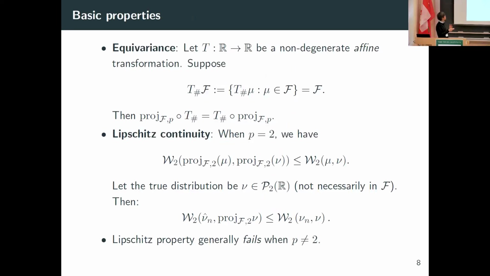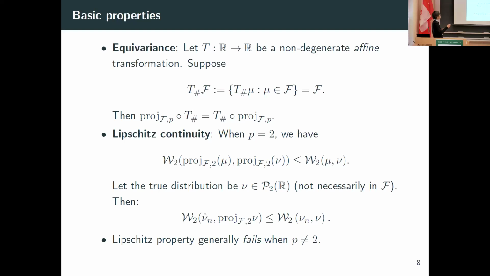Because of this, we can already point out some interesting elementary properties of the estimator. The first is what I call equivariance. Suppose that the set you consider is closed with respect to a given non-degenerate affine transformation.